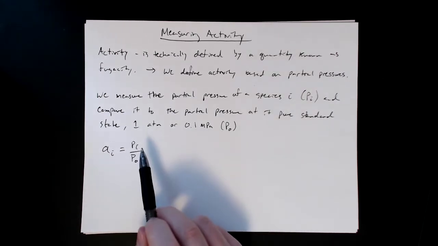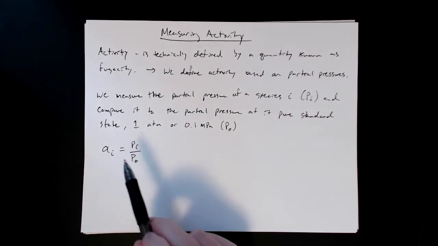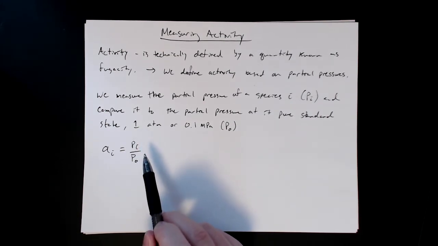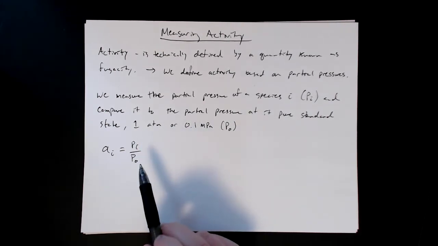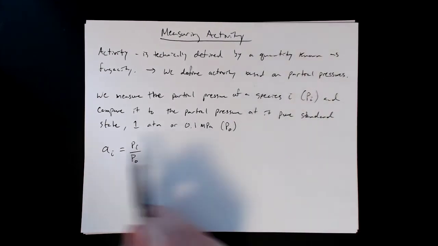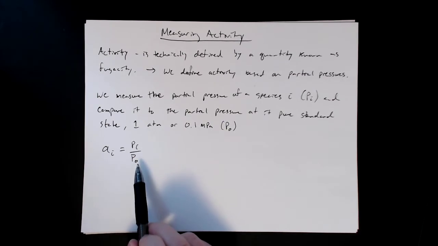We're really comparing a material and the pressure associated to that material or species compared to when it's by itself in its pure state at standard state. And so that's where we get this, and this is basically always equal to 1 atmosphere.